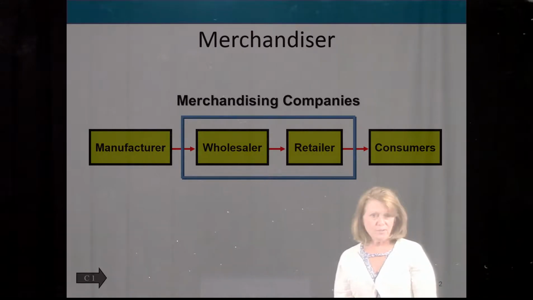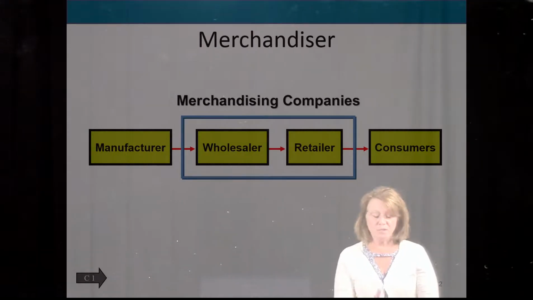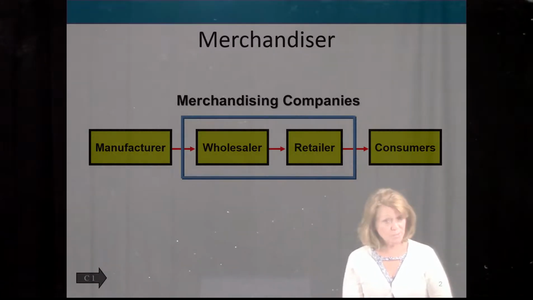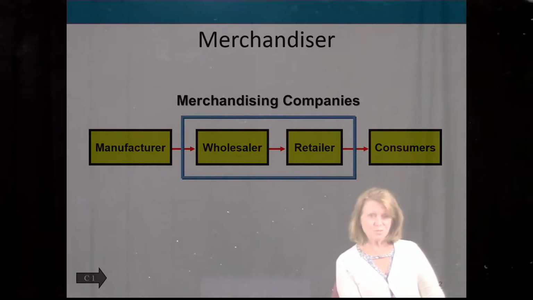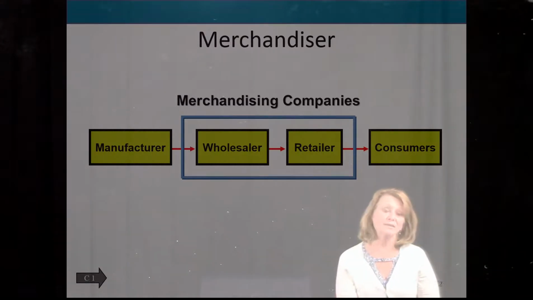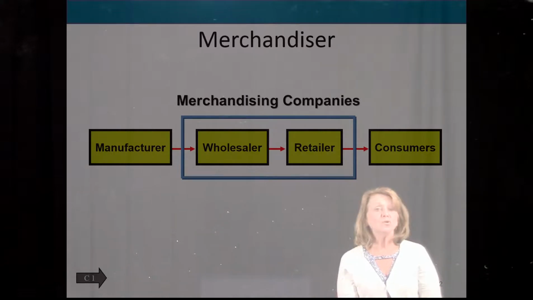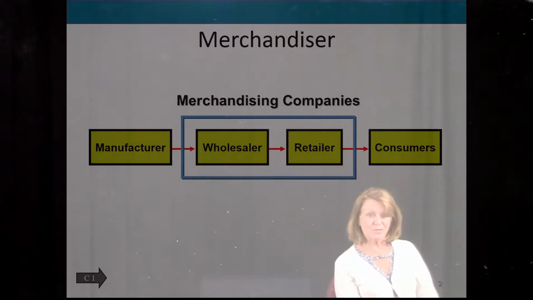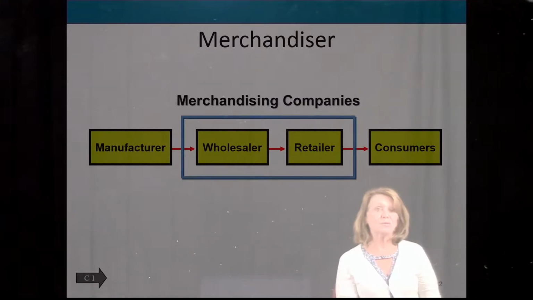You're going to learn later in this chapter that normally a merchandiser is both the company who purchases the product and the company that sells the product. So, for instance, if you owned a bike shop, you would purchase bicycles from a manufacturer or a wholesaler. You would hold them in your inventory, and then you would sell them to a consumer.